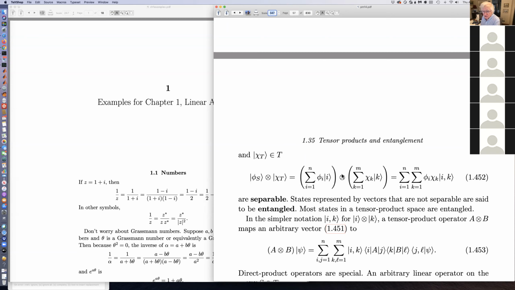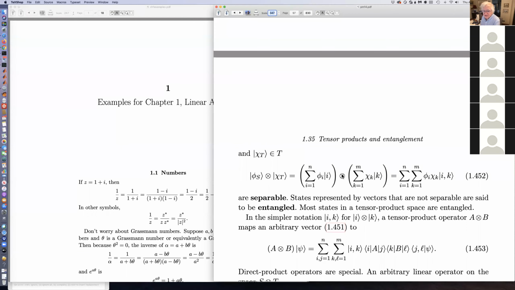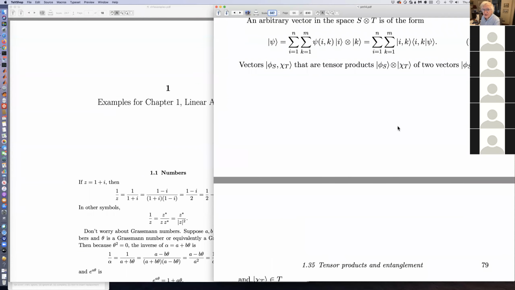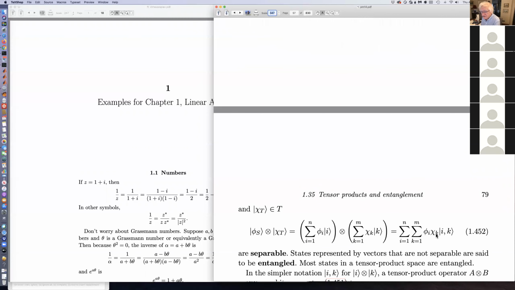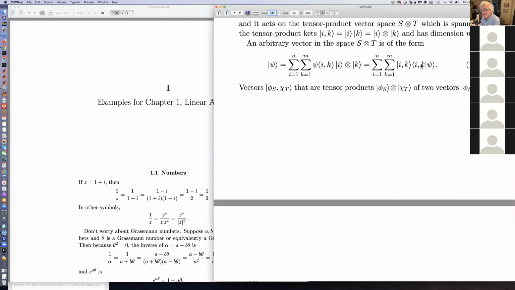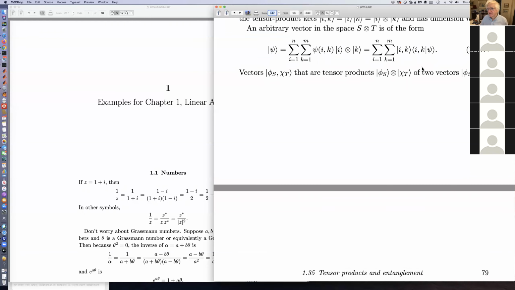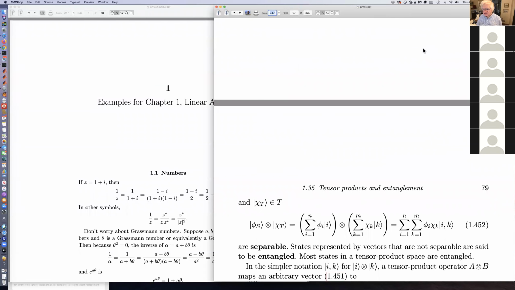The more general case is that instead of this psi_ik being the product of two complex numbers, this is a general thing which depends upon both i and k. So there are n times m different, completely independent coefficients there. Whereas here, you really only have n plus m coefficients.